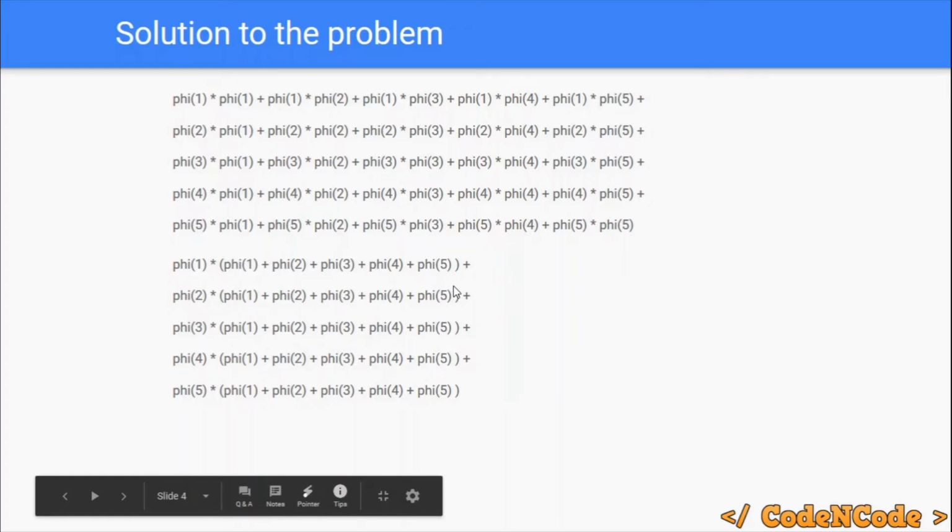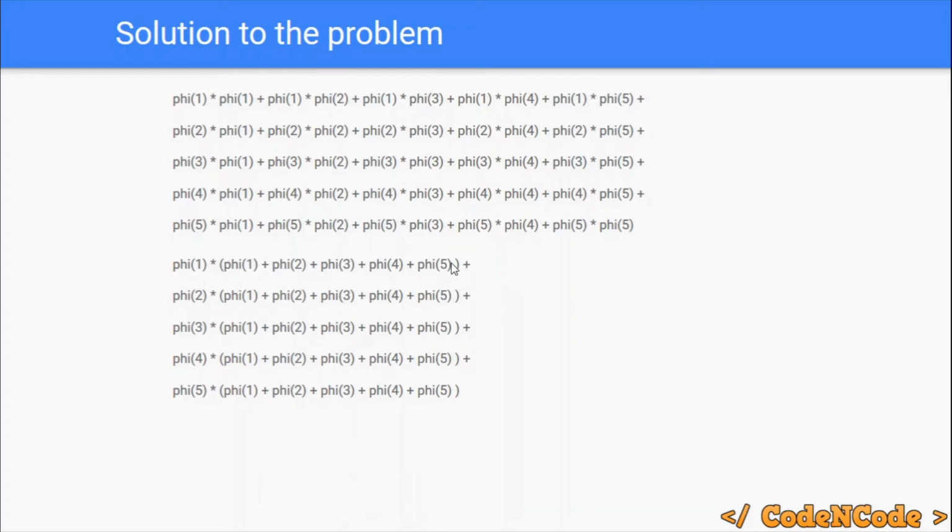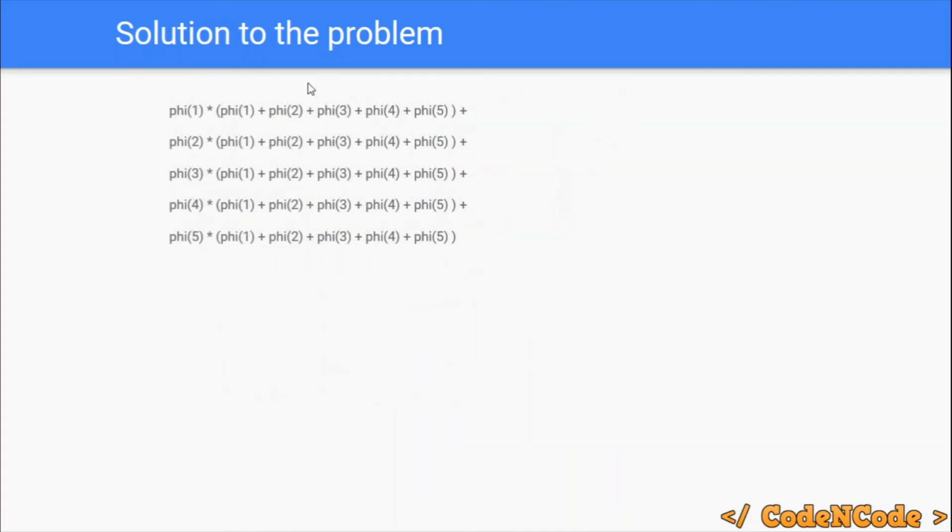So inside the brackets, what we are left with is the sum of all totients from 1 to n for the input n. Now let's say the sum of all totients from 1 to n is x. So all of the expression inside the bracket I can replace with x, because all of them are the same. So it would be phi of 1 into x plus phi of 2 into x plus phi of 3 into x, and so on till phi of n into x. Now among all of these, we see x is common.